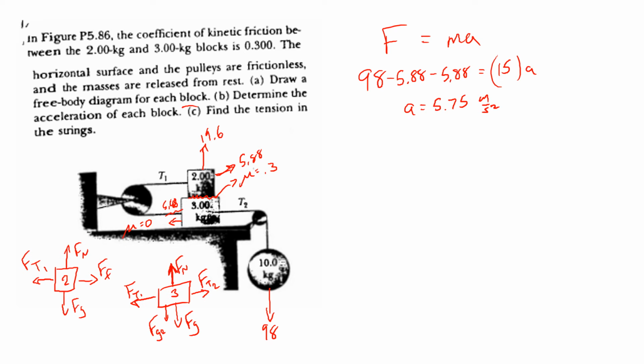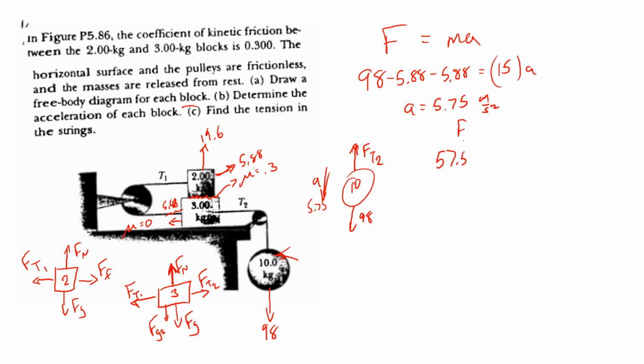Find the tension in the strings. Well, let's do the easy string first. Let's do this one. So here's the ball. It's 10. FG is 98, and we have FT, oh, sorry, FT2. Don't want to get sloppy here. Well, we know that it's accelerating downwards at 5.75, so that means the net force is going to be 57.5, because 10 times that, right?